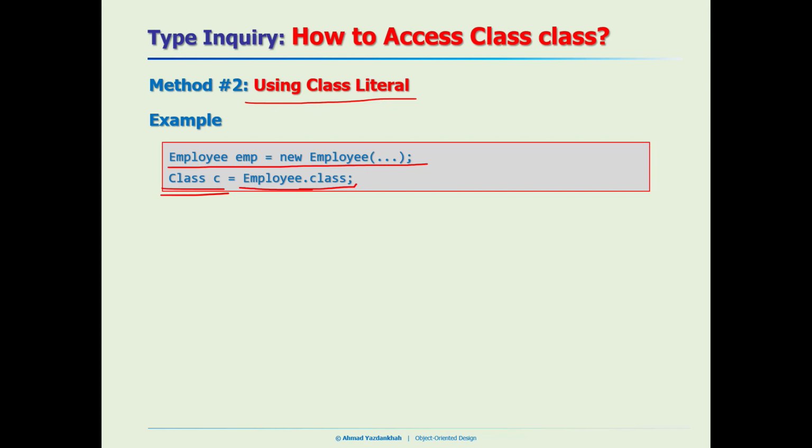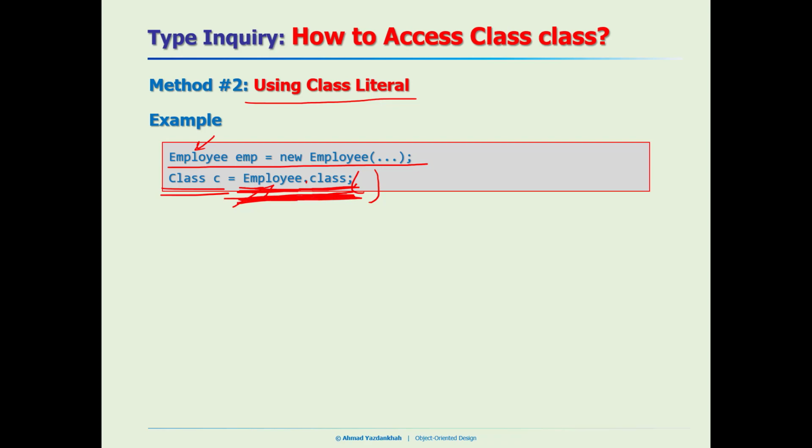Employee is our class here, and this .class is something that is familiar. Definitely we are not calling a method here because it doesn't have parentheses. So this should be a variable, right? And it should be a static variable, right? Because we are calling it in a static fashion.